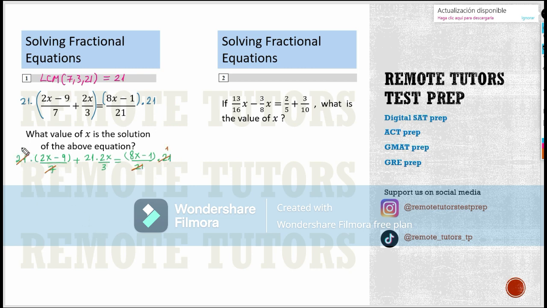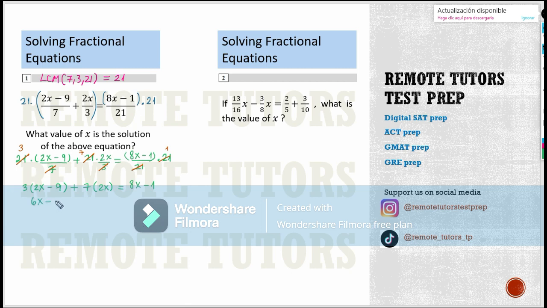21 divided by 7 gives 3. And 21 divided by 3 gives us 7. So we're left with 3 times (2x minus 9) plus 7 times 2x equals 8x minus 1. The next step is to simplify the left side.